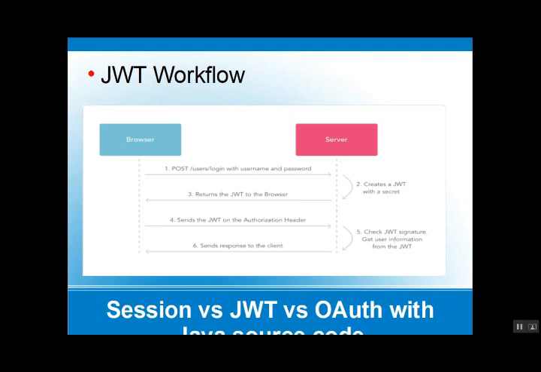This is a very lightweight token, and the browser has to store this token information somewhere. For example, the user can store it in a cookie, or an HTTP cookie, or in local storage or session storage, whichever method you want.